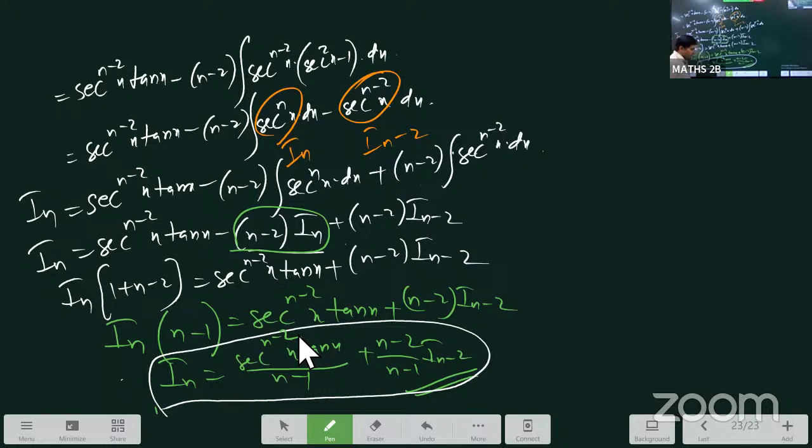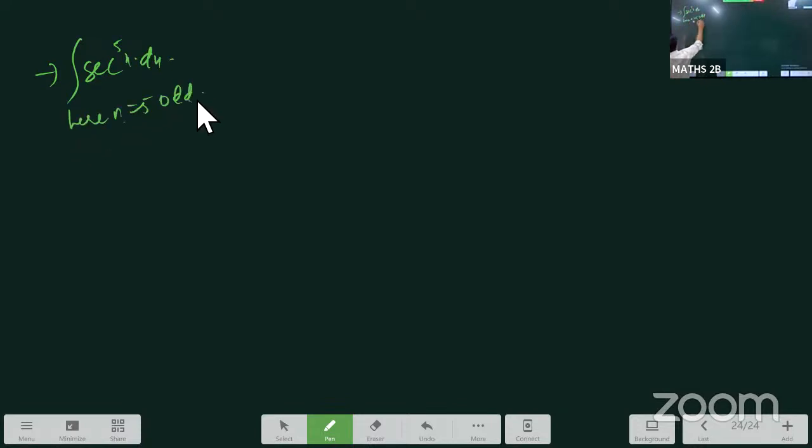So this is our reduction formula for secant power n. Next, integration of secant to the power 5 x dx. So here n is equal to 5, odd.